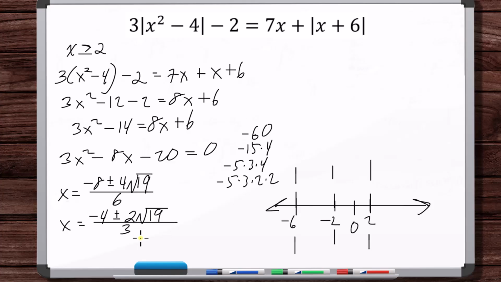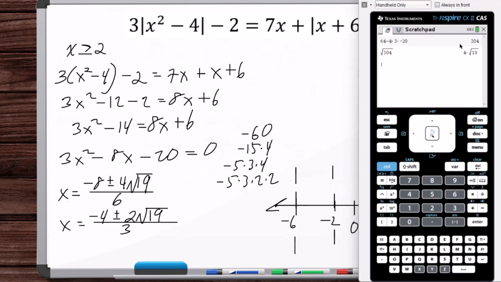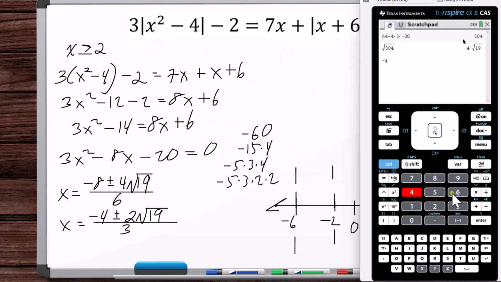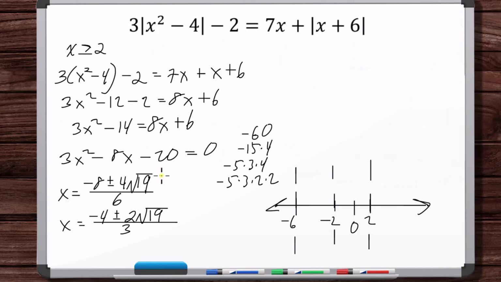But which of these two are greater than or equal to 2? So minus 4 minus 2 root 19 over 3 is not going to be greater than or equal to 2. But what about minus 4 plus 2 times root 19? That's not greater than or equal to 2 either. So neither one of these are solutions.